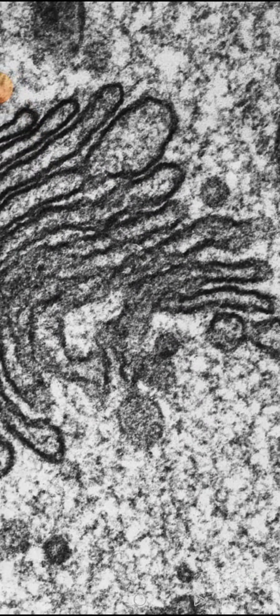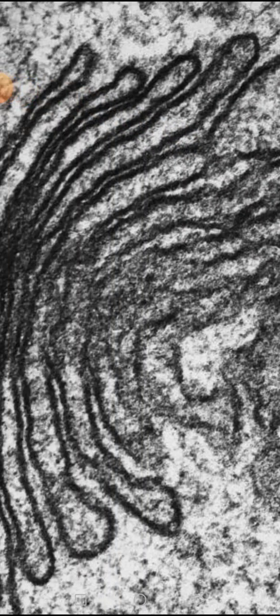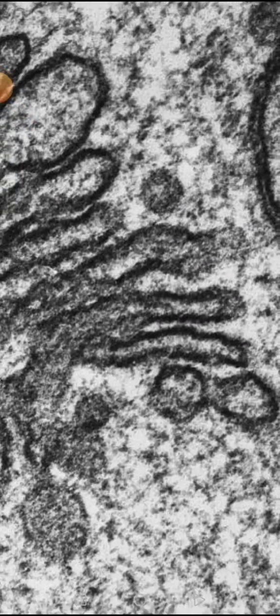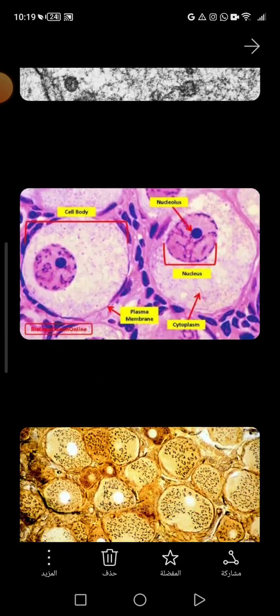This face is called cis, and this is called the trans face. This is the shape of the Golgi apparatus, and it's easily seen. This small round-shaped thing is called a Golgi vesicle, or you can call them lysosomes.